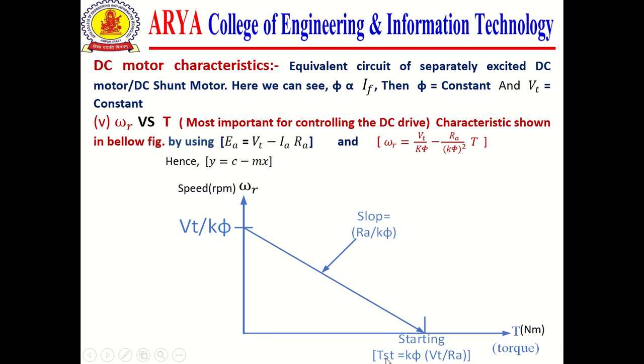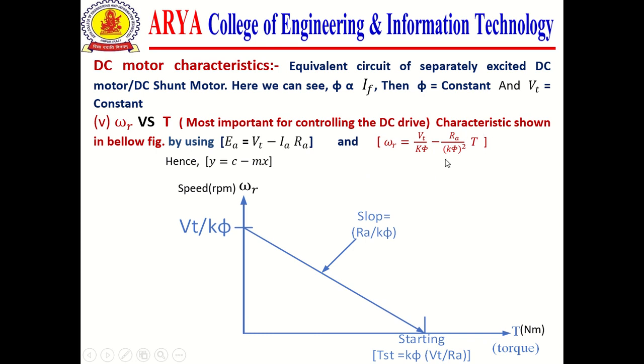The starting torque required is maximum because at the time of starting, the speed of the DC motor is 0. So starting torque is required for any drive, any operation of the DC motor, and it is high. When torque is 0, the speed of the DC motor is high. That is called omega r equal to Vt upon K phi, because torque equal to 0.